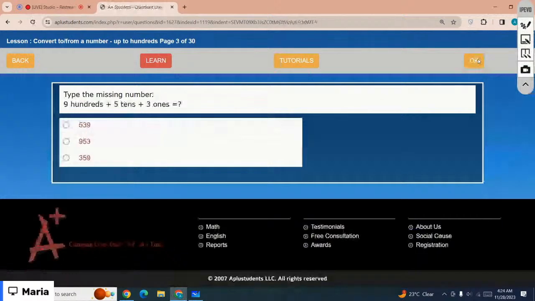The missing number, 9 hundreds plus 5 tens and 3 ones. So which number do they make?